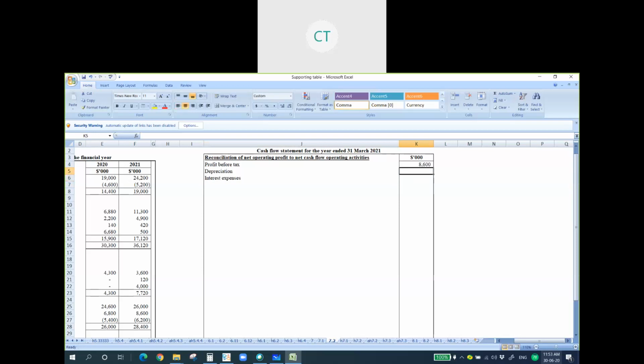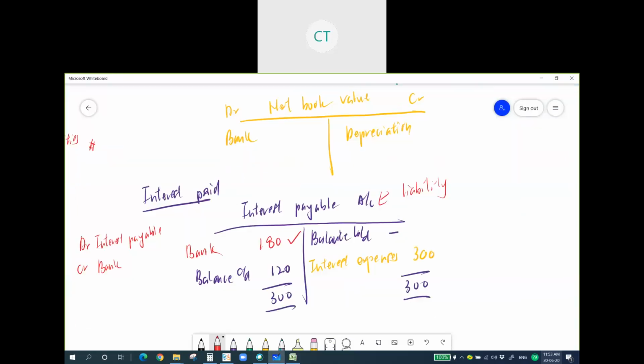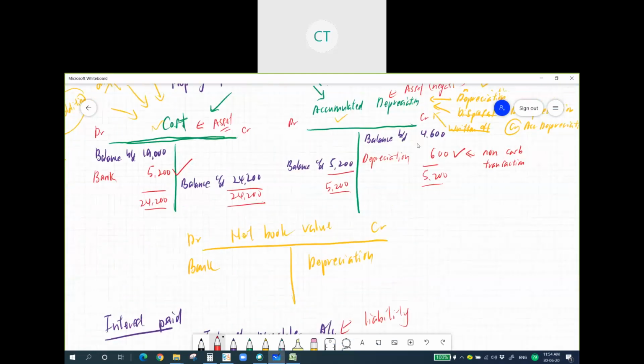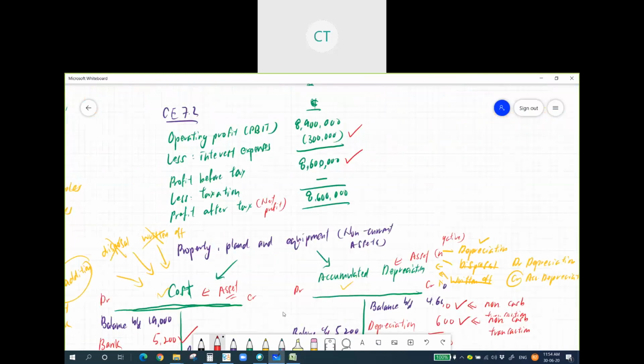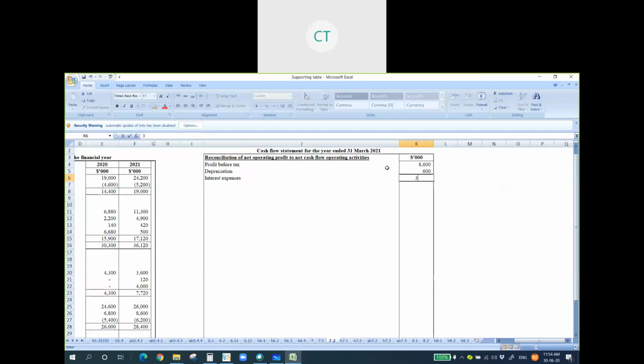Depreciation for this company is 600. For expenses, we show positive. Interest expenses, this one 300, we also show positive. So up to this stage, we have completed the non-cash transactions.